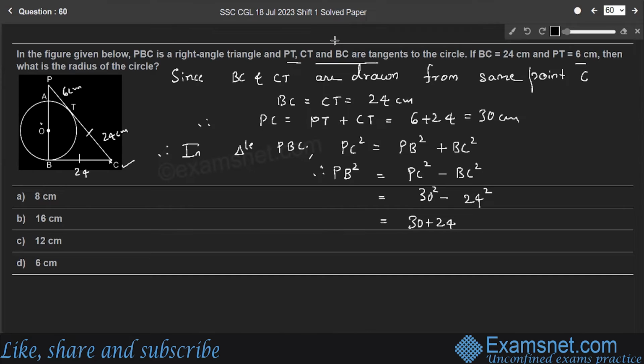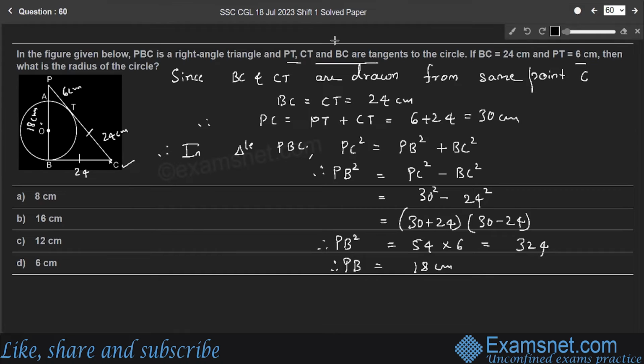So it is nothing but A plus B into A minus B, 30 minus 24. Therefore, PB square is equal to 54 into 6, which is 324. Therefore, the value of PB is root of 324, which is 18 centimeter. So just write down the measure of PB, 18 centimeter, right?